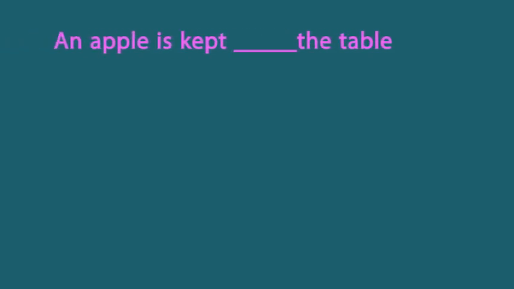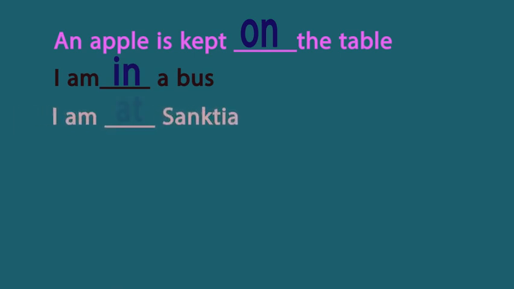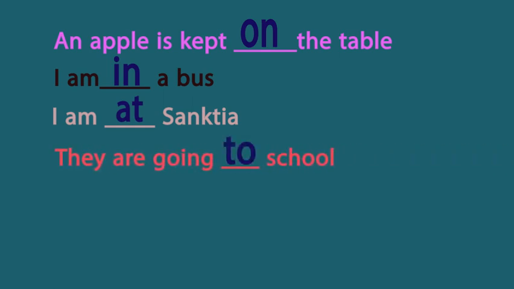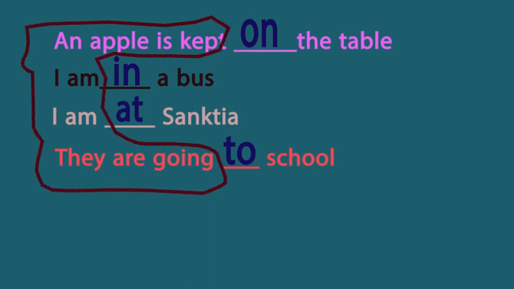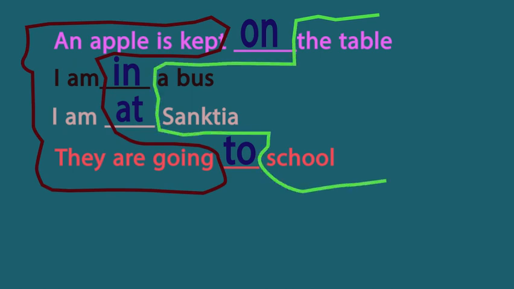Now we'll take some examples. An apple is kept on the table. I am in a bus. I am at Saktia. They are going to school. So all these left side parts are connected with the right side parts.